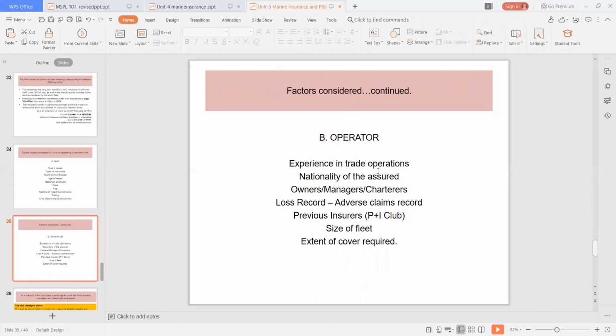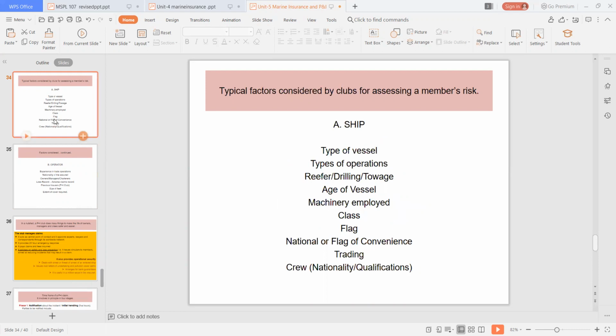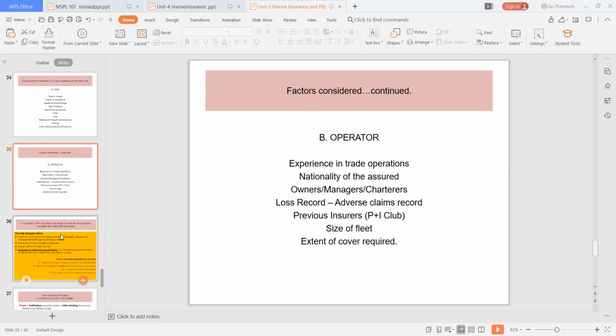Operator, experience in trade operations, nationality of the assured, owners, managers, charterers, loss record, adverse claim record, previous insurers, size of fleet, extent of cover required. Right? So see this, members' risk, ship, operator. All the things are taken into account.